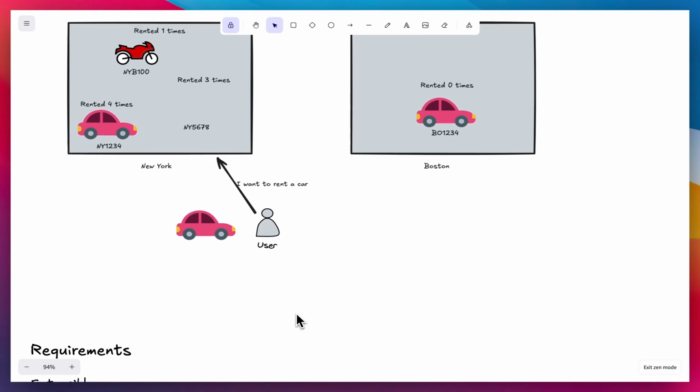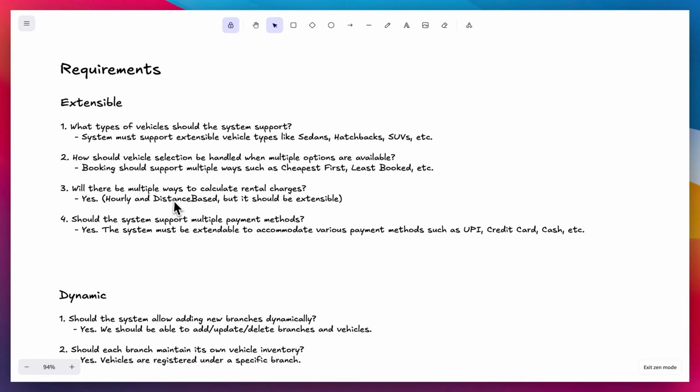So this is the third point. The system should support hourly pricing and distance-based pricing. And it should be extensible so that in future I can charge the customer based on different criteria.